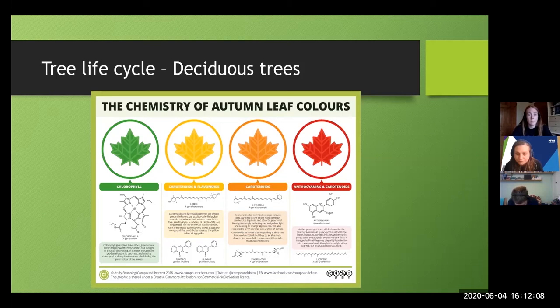He thought it was something to do with the red around the tree as a warning. So over the winter, it almost protects the tree because the colours show that it's like warning things to stay away. But that's just a theory, but it's quite interesting.